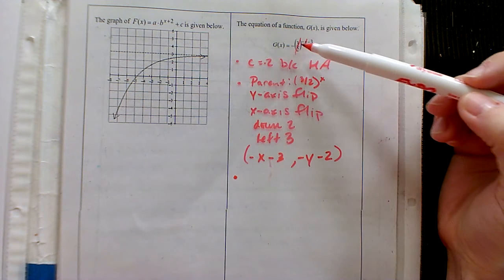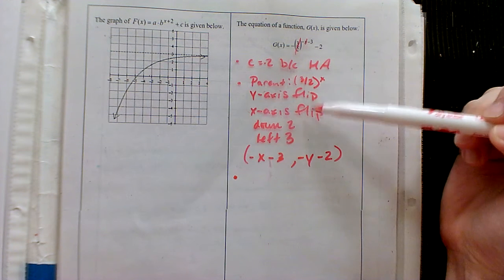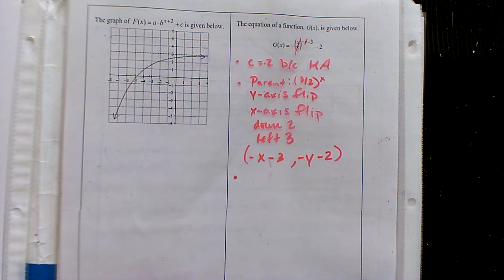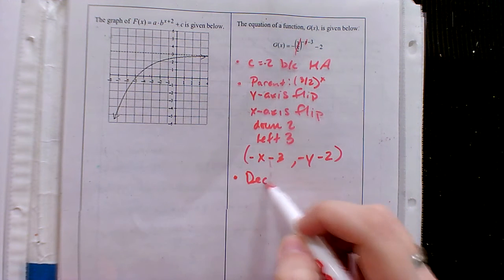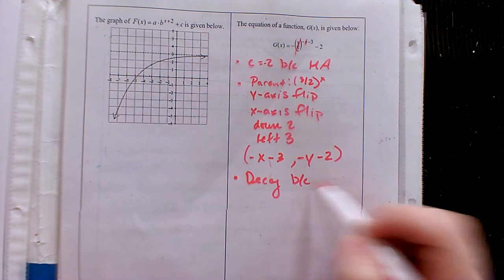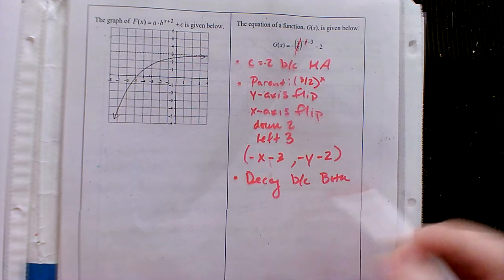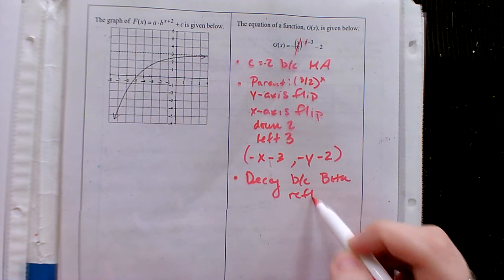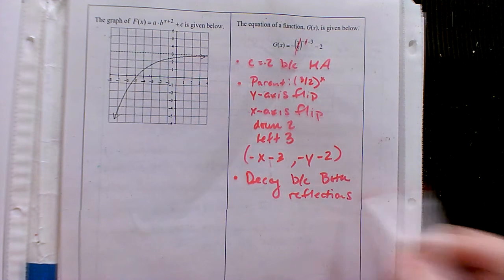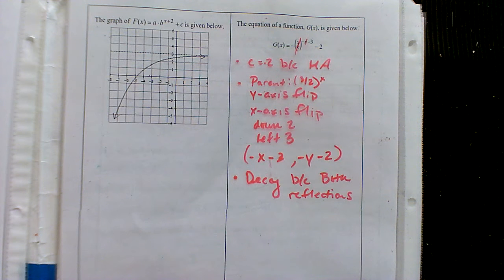If you have a growth graph initially and then you have both flips, yeah? It's going to change to decay. Good. Okay, decay because we have both reflections. Good, so it starts as growth. Ashlyn realized that. And then both flips are going to change it to decay, according to Rebecca.